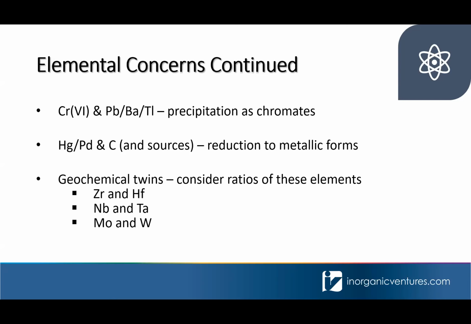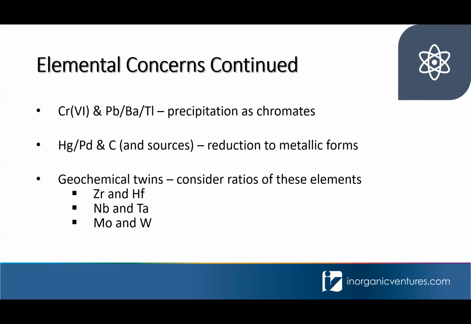Instead, we recommend that you use chromium 3, right? Your ICP will not be able to tell the difference of chromium 6 versus chromium 3. It's all total chromium when it's in your ICP. So we recommend switching over to that chrome 3 starting material, and you won't have a problem with lead, barium, or thallium precipitating as a chromate in those situations.